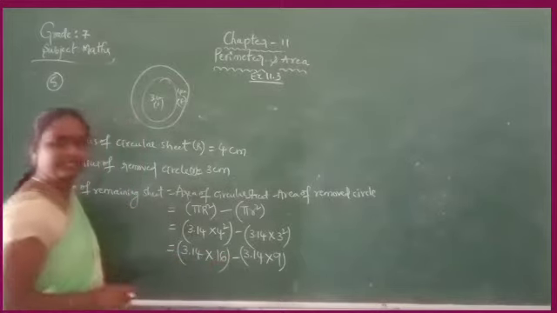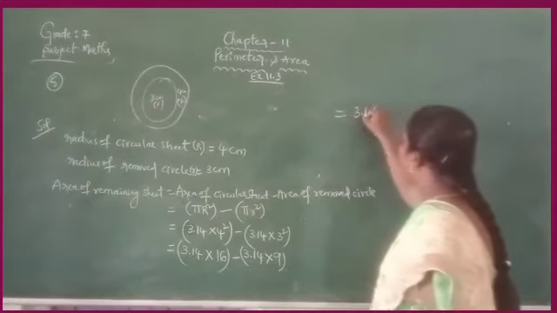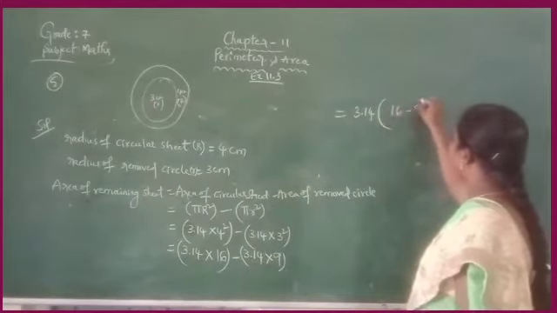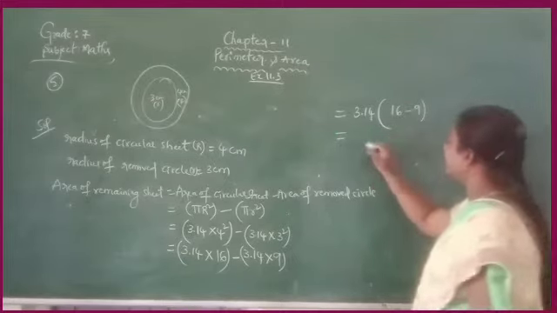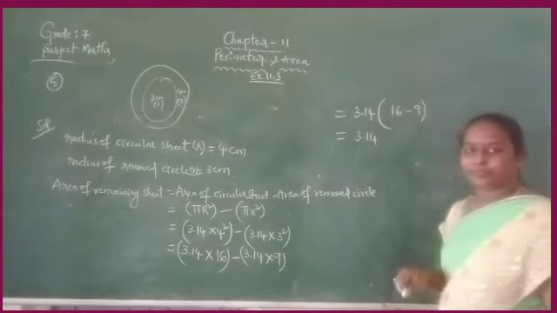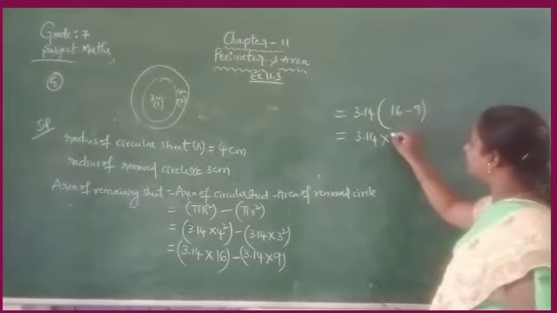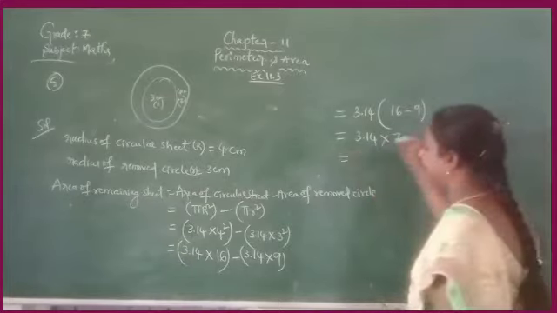Now observe, 3.14 is common. Okay. Now I am taking that one as common. 3.14 into 16 minus 9. Okay. 16 minus 9, how much? 7, right? Now multiply.